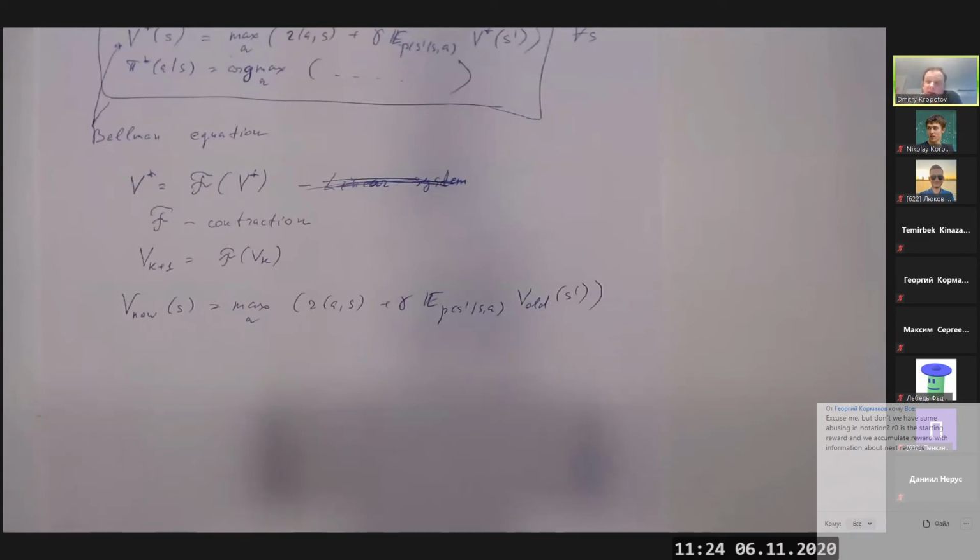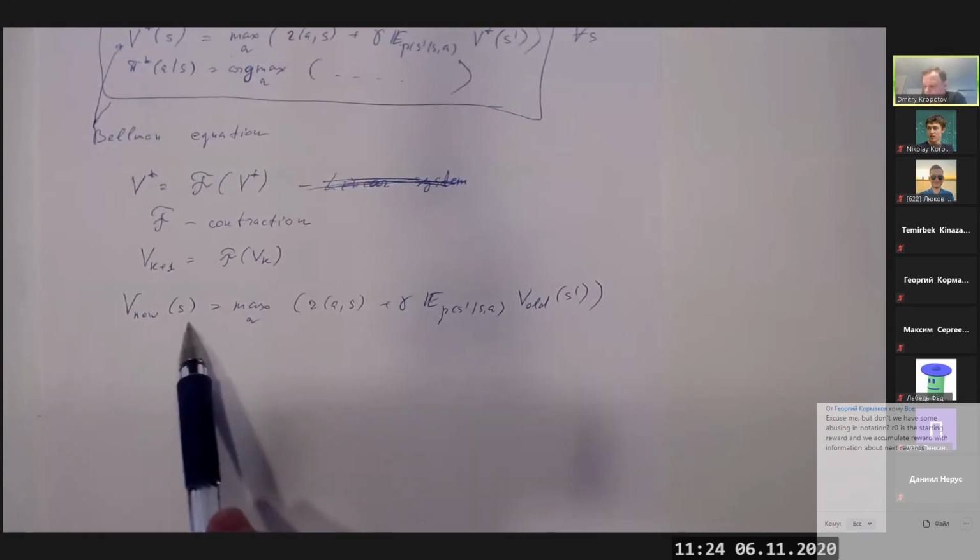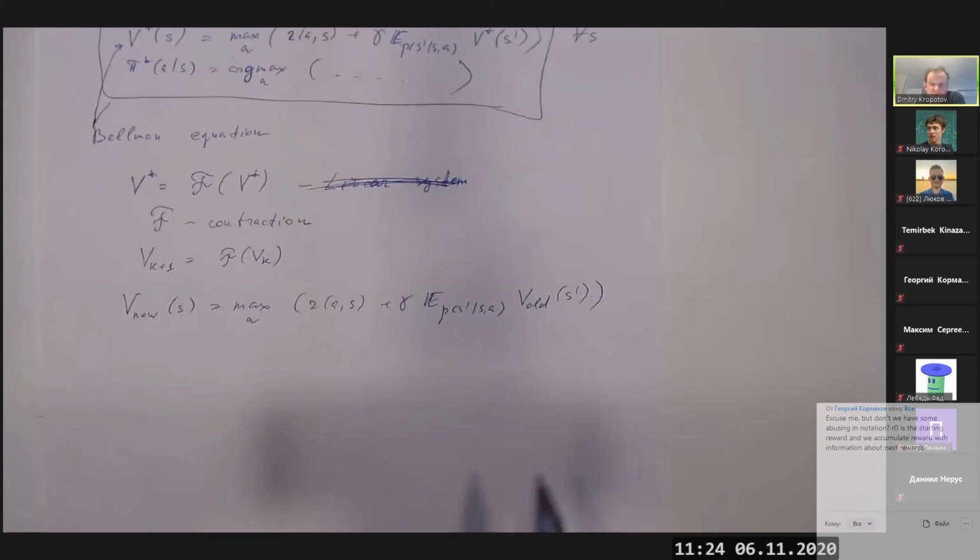So what we do is organize a cycle over all possible states in our environment, and within this cycle we make calculations of the following form: given the old value of V, calculate the new value till convergence.